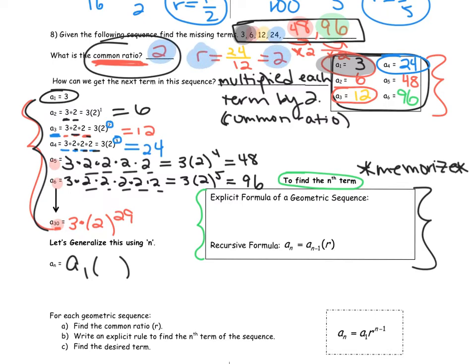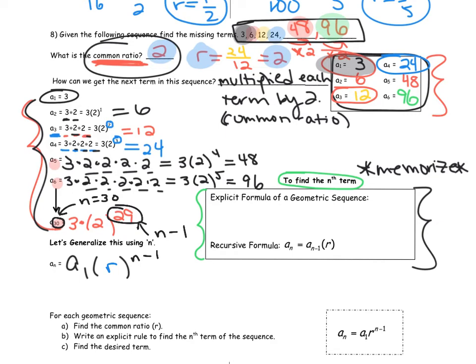So we're multiplying it by the common ratio, and we're raising it to, well, how many times do we multiply by 2? We multiplied it by 1 less than the n value. So if we take a look here, see how here n is 30? Well, to get 29, we're doing n minus 1. So this is a sub 1 times r to the n minus 1.